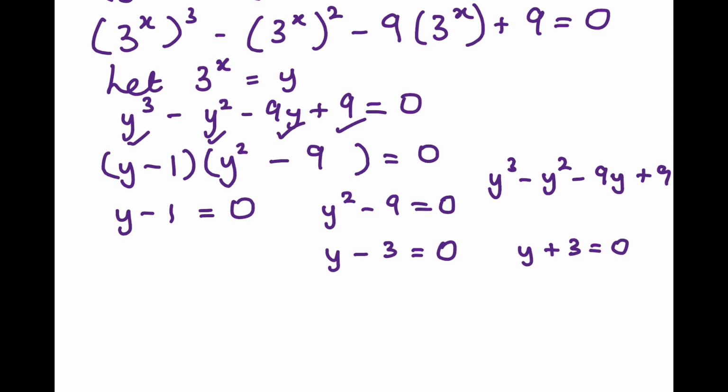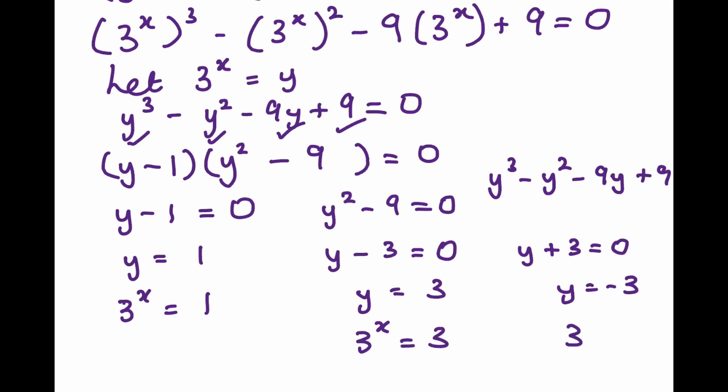So we have y equals 1, y equals 3, y equals minus 3. And let's get it back to 3 to the x. 3 to the x equals y, so I can just put here 3 to the x equals 1, 3 to the x equals 3, and 3 to the x equals minus 3.